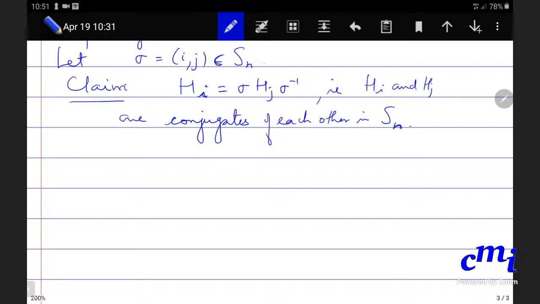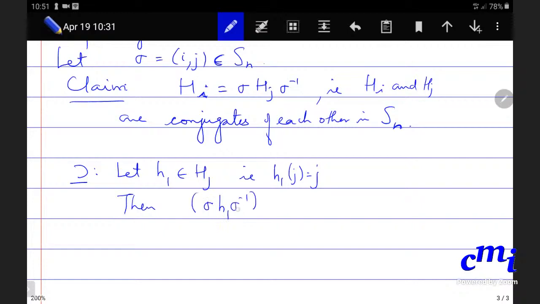Which one should I go? Okay, I will do this first. Let h1 be inside H j, so that h1 of j is j. Then consider sigma h1 sigma inverse, this group element acting on i.